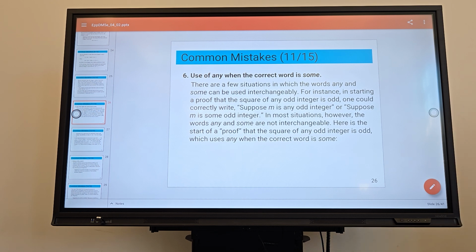You could use "for any n" or "for some n." It doesn't matter. But in some cases, you need to distinguish between "some" and "any." "Any" means you could put any number in there. And "some" means there exists at least one number, or there might only be one number.